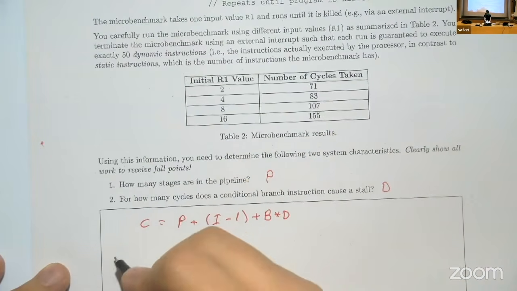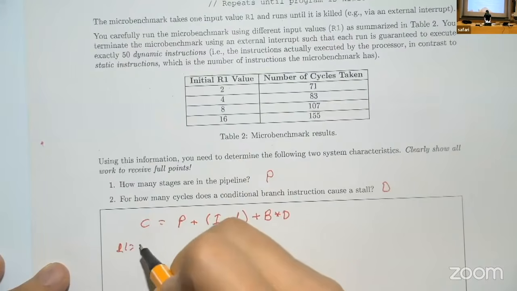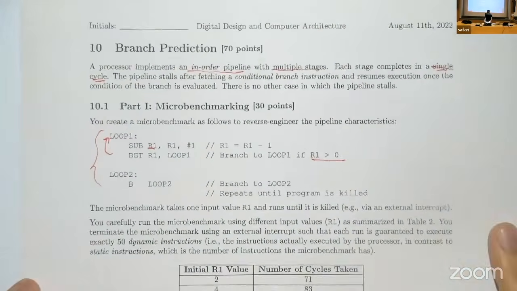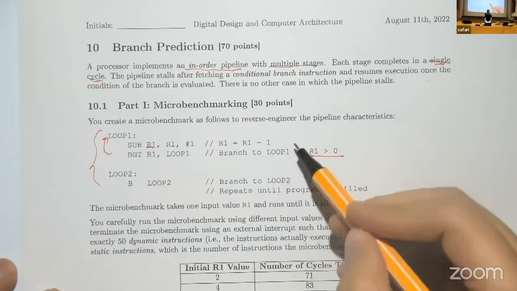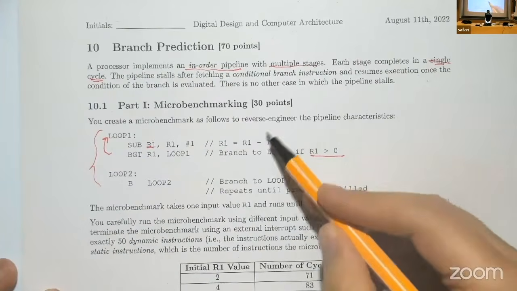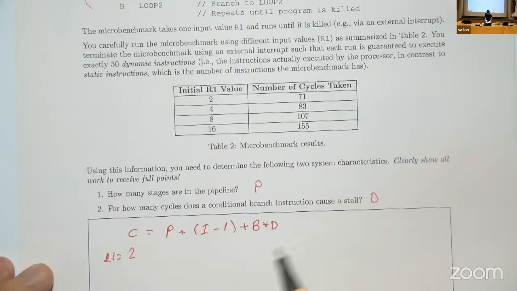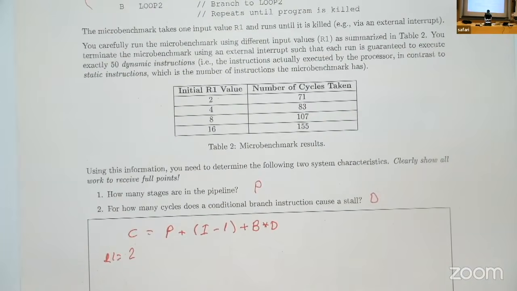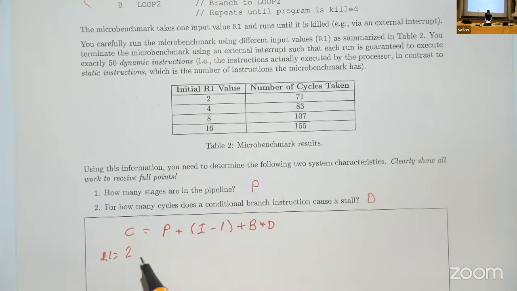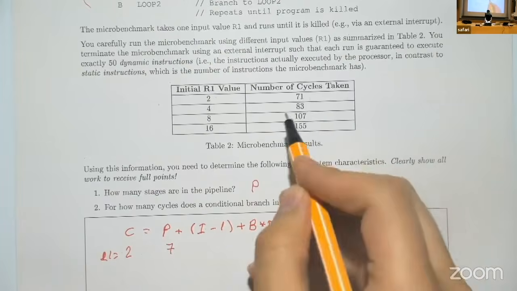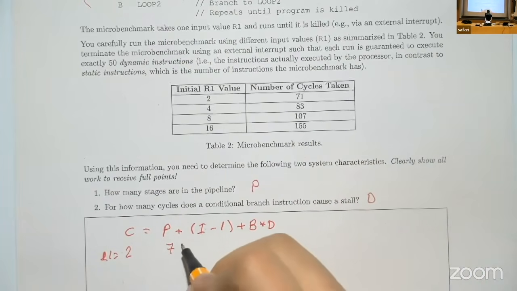Let's first do R1 equals 2. We know that this loop will execute 2 times because we subtract 1 in each iteration. So we can write the numbers in place. It takes 71 cycles.